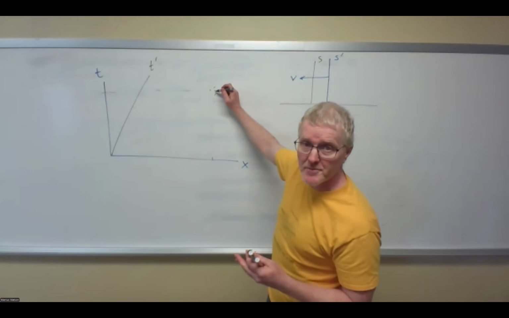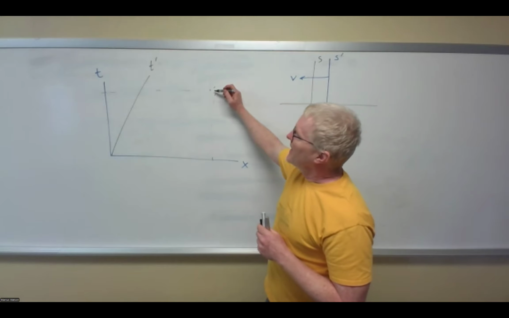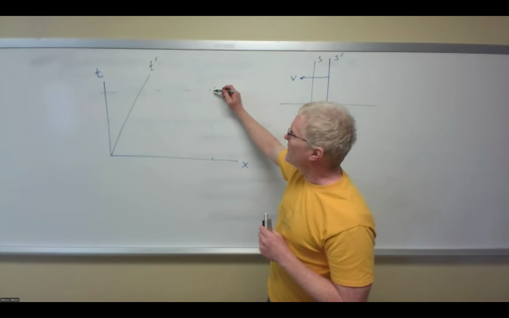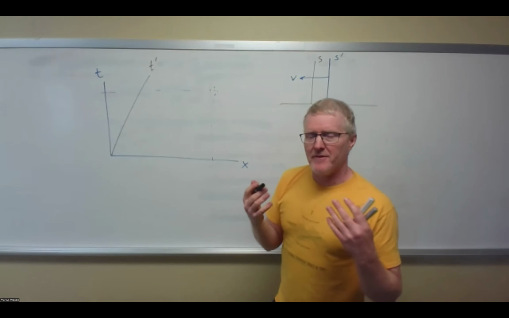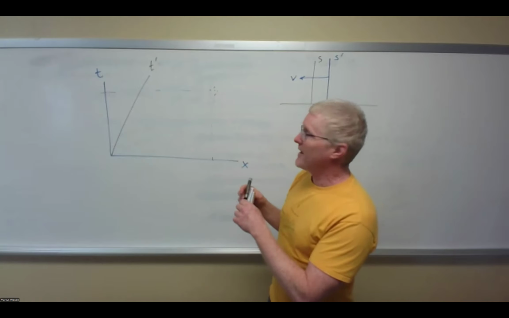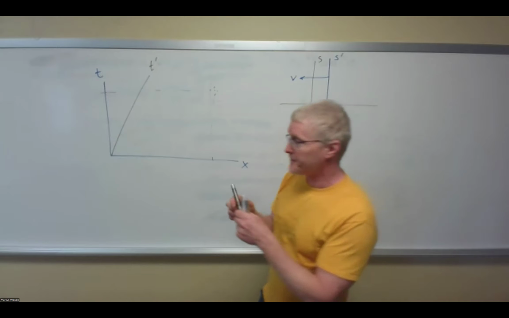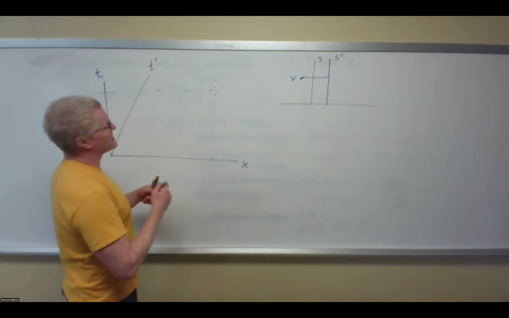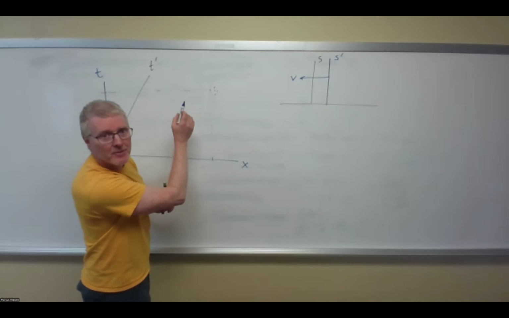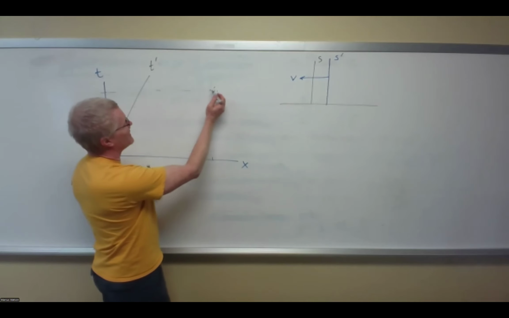Now, from the car perspective, where did it happen? Notice, however, that if I'm going to use the same type of thinking as I did just now to find the coordinates in the TX frame, I'm going to have to do something slightly different to find the coordinates in the T prime frame.